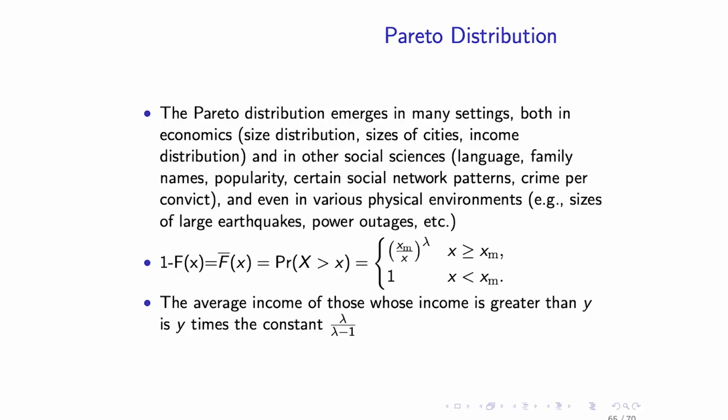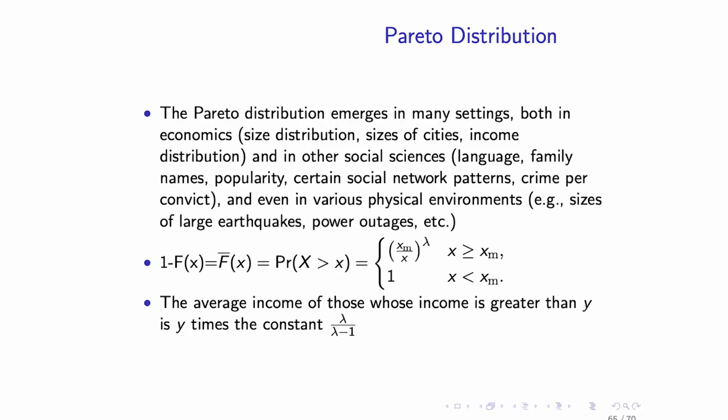In technical terms, 1 minus the CDF, the probability that X is bigger than any number x, is (xm over x) to the power lambda for any x bigger than xm, and 1 otherwise.